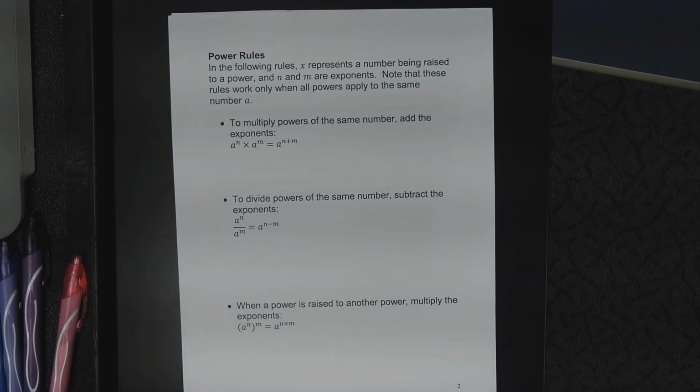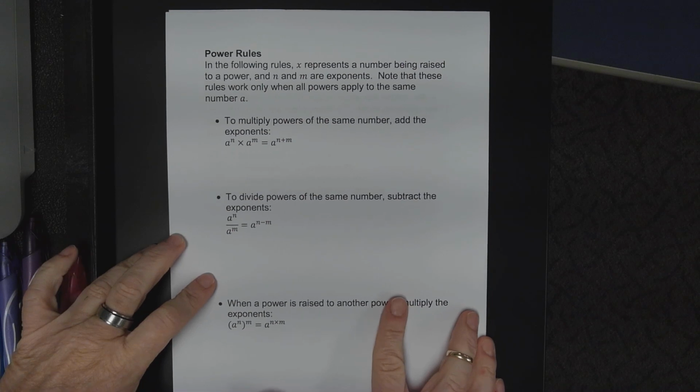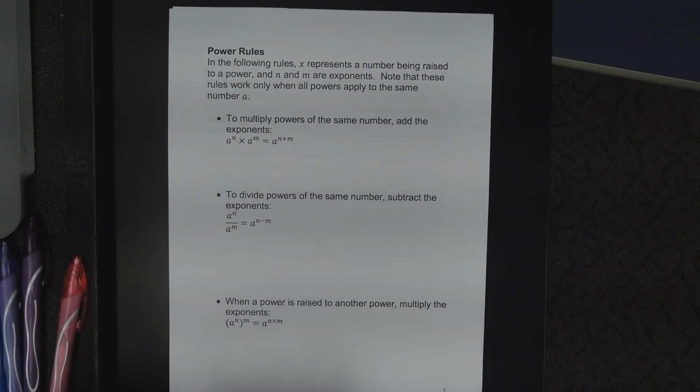So let's talk about the power rules. The following rules: a represents a number being raised to a power, and n and m are exponents, okay? Note that these rules work only when all powers apply to the same number, a. Okay. It's just a lot of math speak. So to multiply powers of the same number, add the exponents.